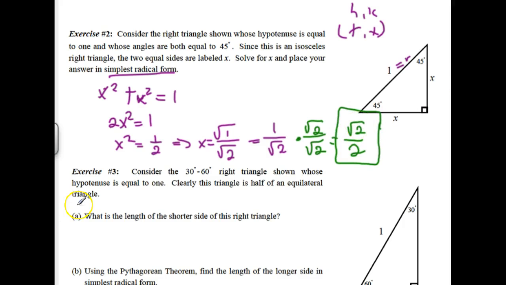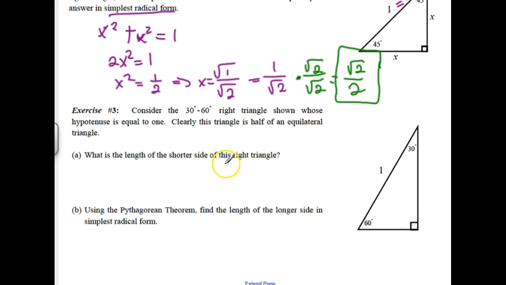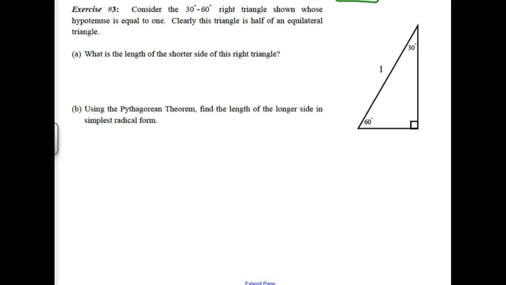Now, in example 3, it says consider a 30-60 triangle whose hypotenuse is equal to 1. Clearly, this triangle is half of an equilateral triangle. What is the length of the shorter side? So, what is the length of the shorter side of the right triangle? The side of the triangle is this piece right here.